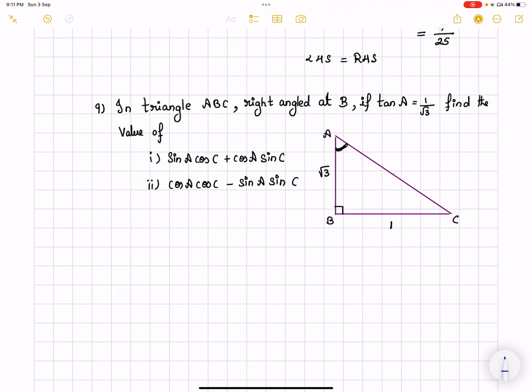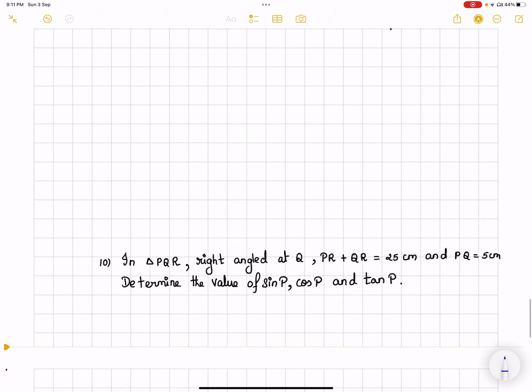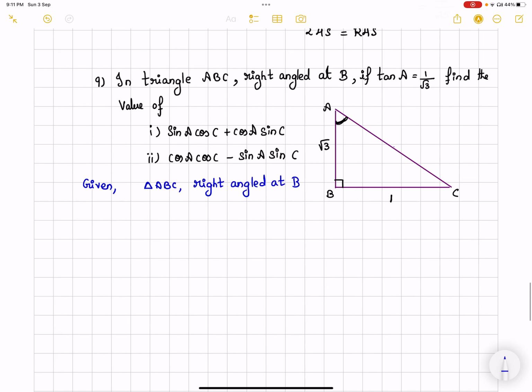So by Pythagoras theorem, before that just write out given. Given triangle ABC, right angled at B. I think this would be our last question. No, one more question is there.